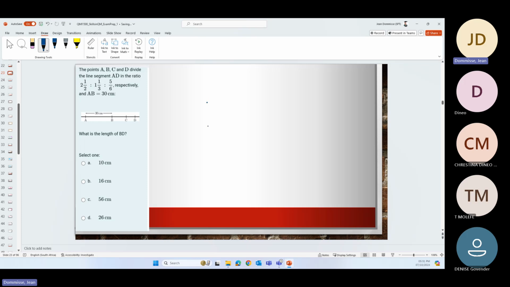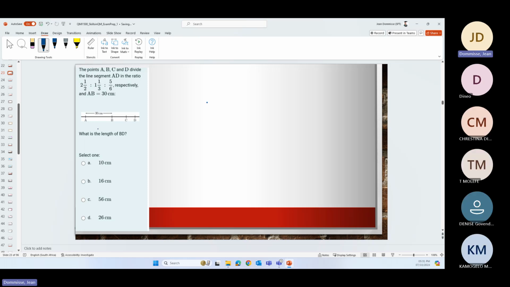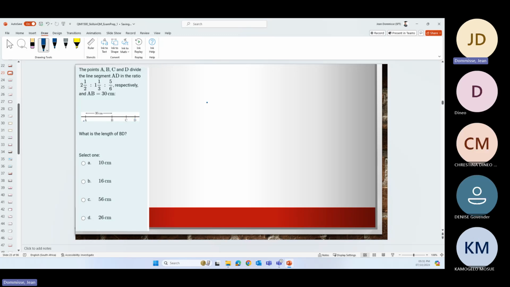Okay, so here they ask us the points A, B, C, and D. Divide the line AD, so we basically get a few segments of a line in the ratio of 2.5, 1 1/3, and 5/6. And then they tell us the length of AB, and they want us to work out what is the length of BD.